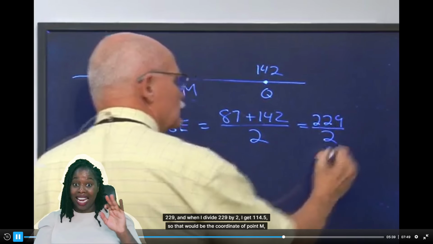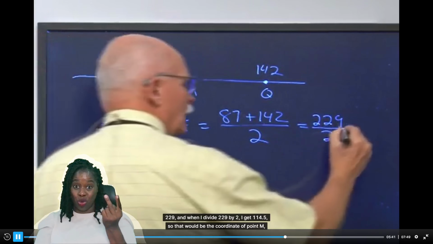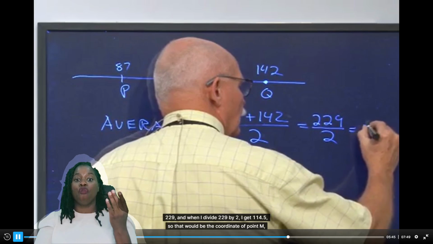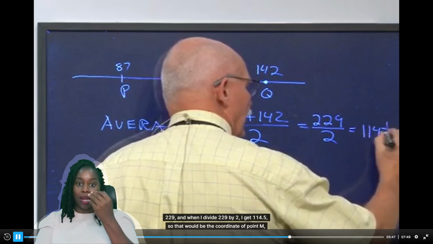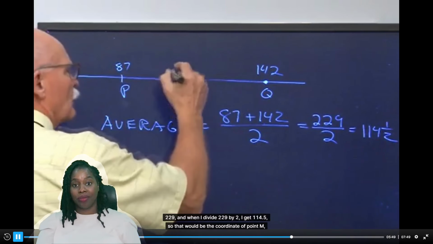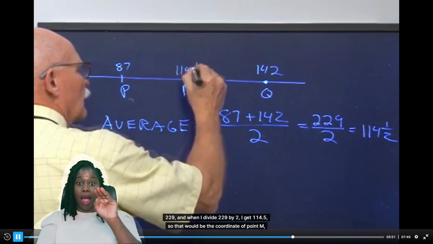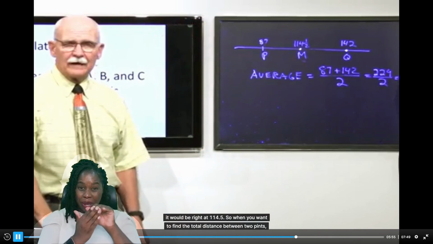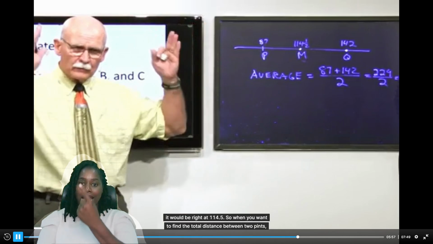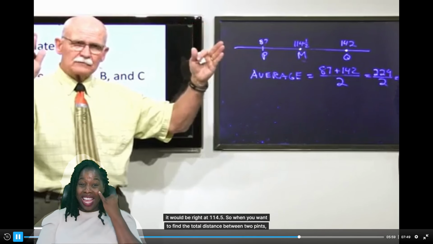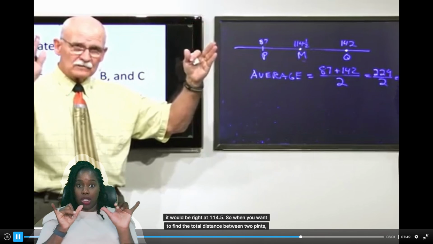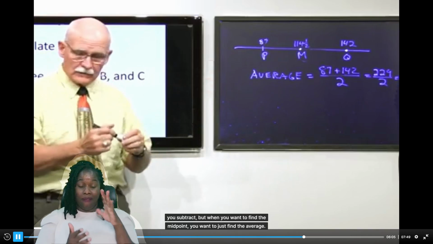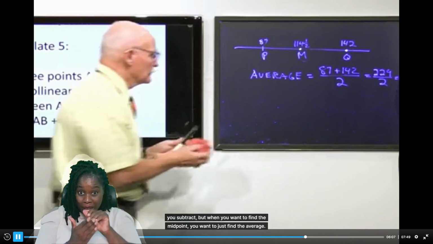And when I divide 229 by 2, I get 114 and a half. So that would be the coordinates of point M. It would be right at 114 and a half. Okay? So when you want to find the total distance between 2 points, you subtract. But when you want to find the midpoint, you want to just find the average.